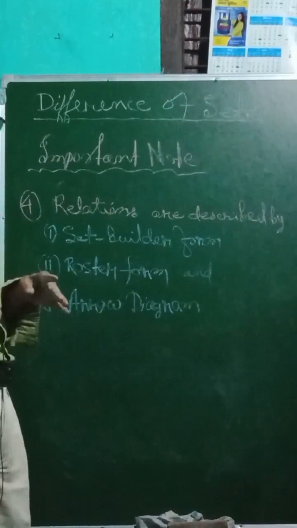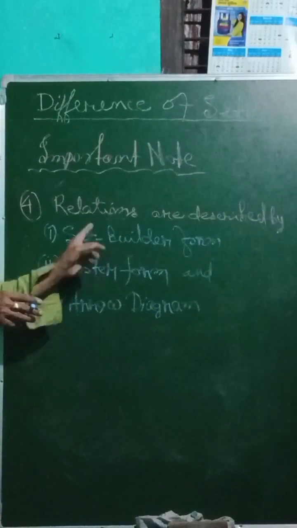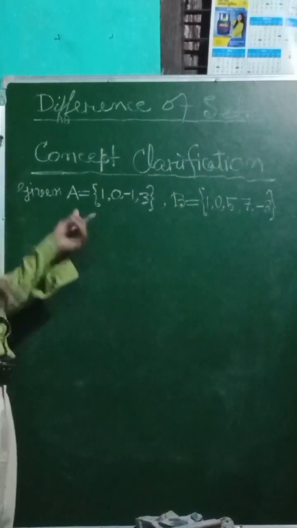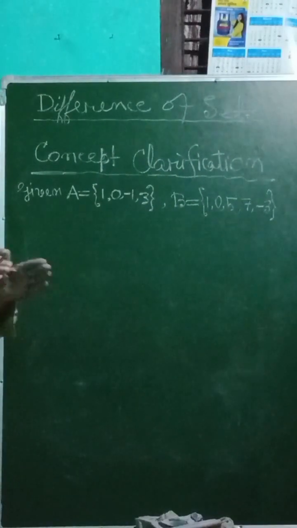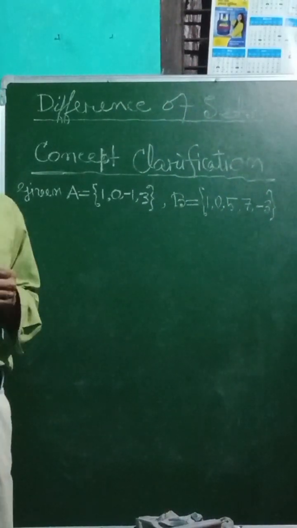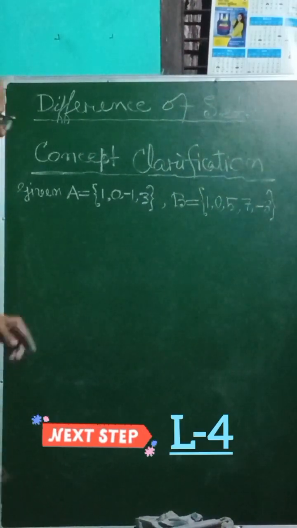I will illustrate through my examples or standard questions how this is converted to that one in the form of an answer. Concept clarification on the set builder form, roster form and arrow diagrams. Very important things.